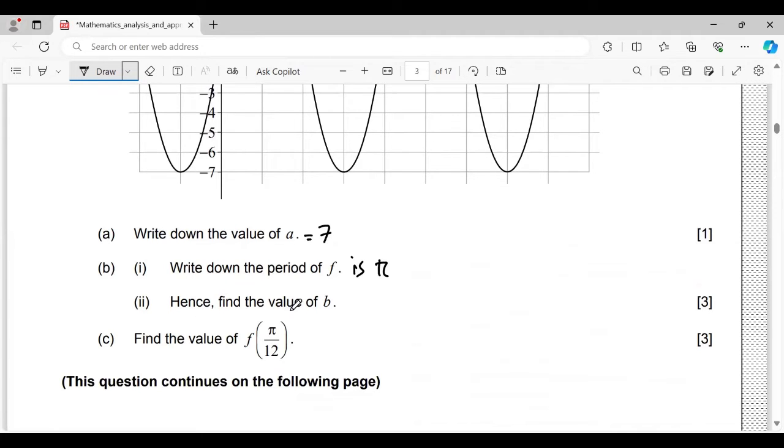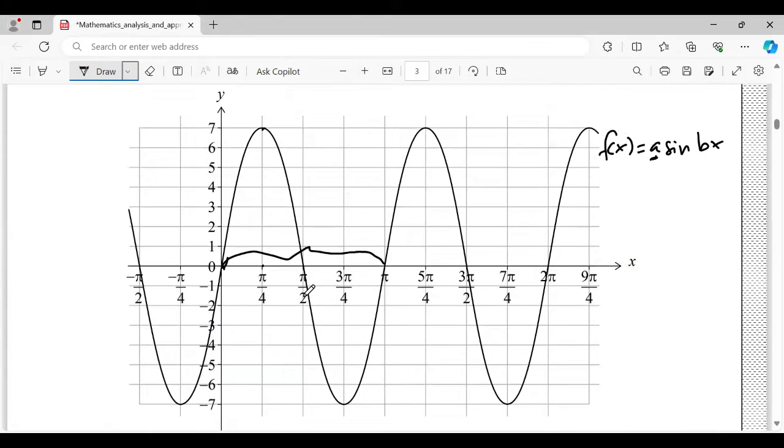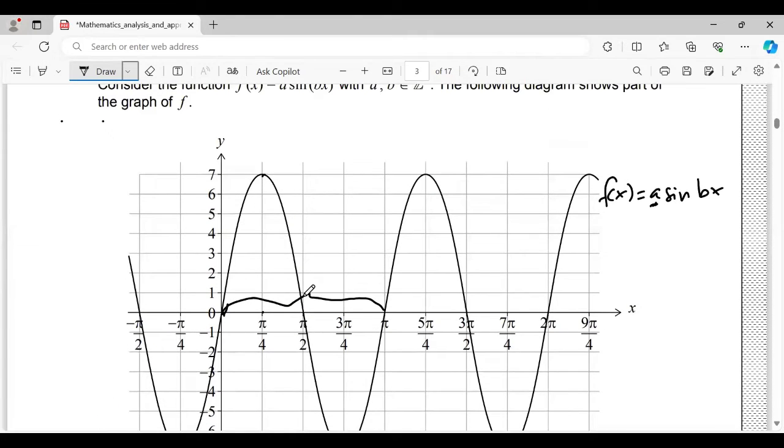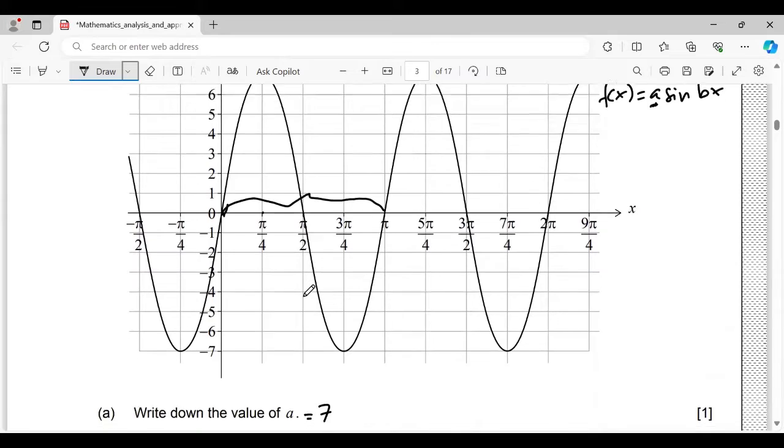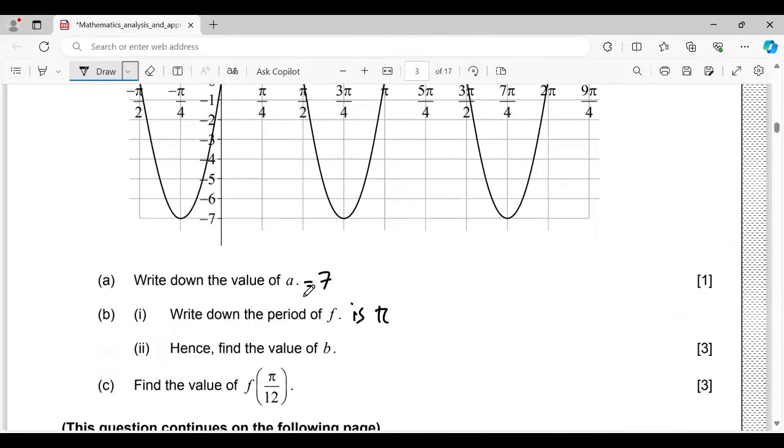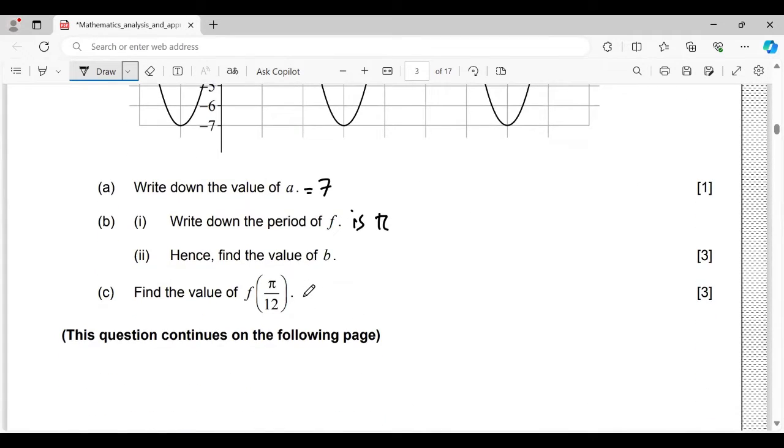Find the value of b. The value of b, of course, is 2. Why? Because I'm going to show you like this.